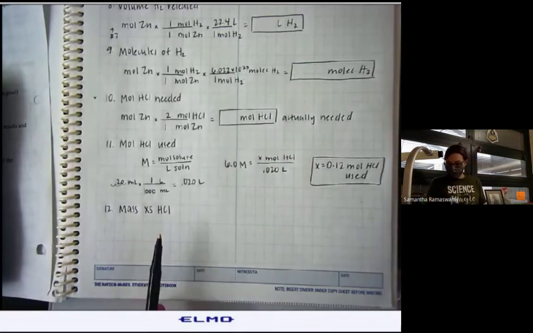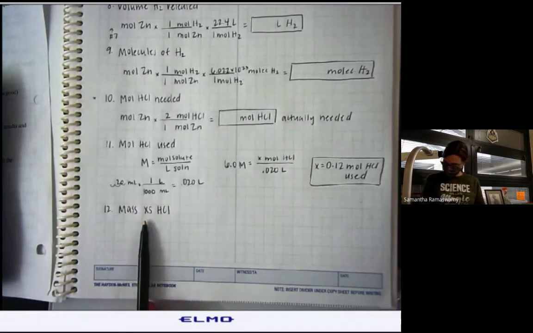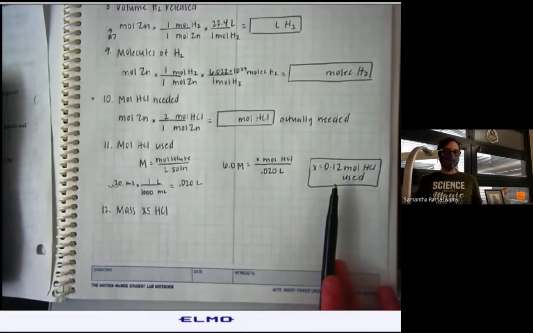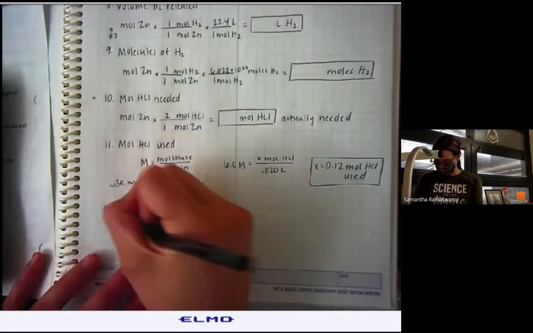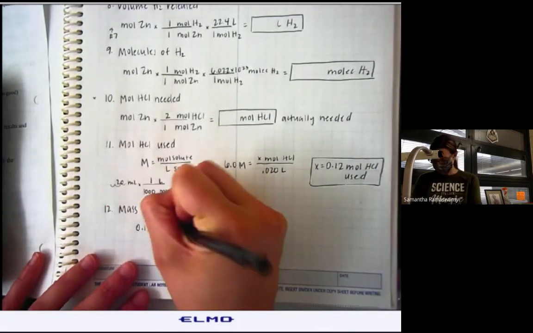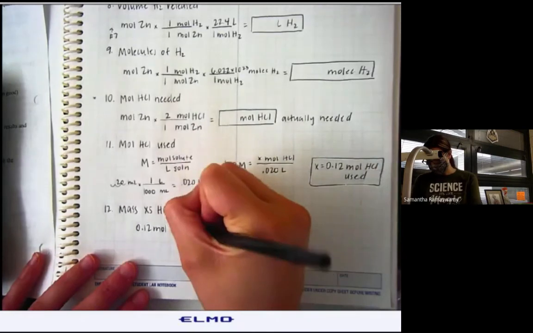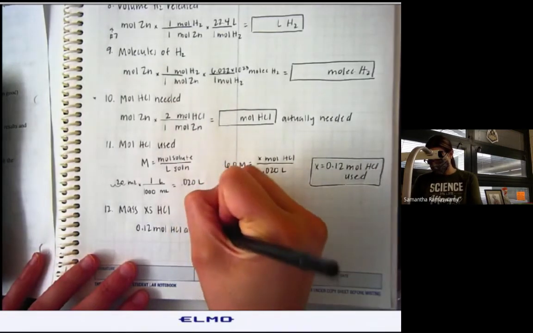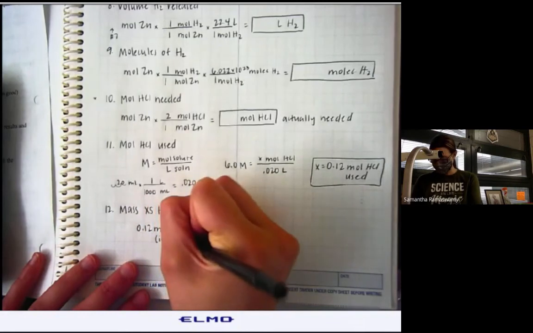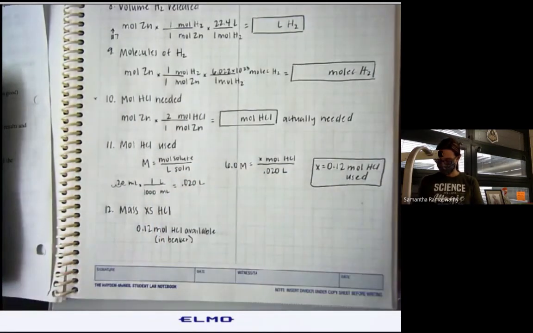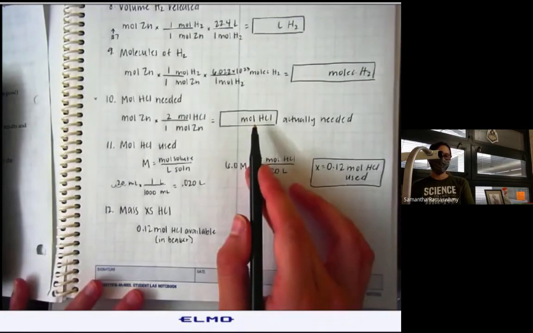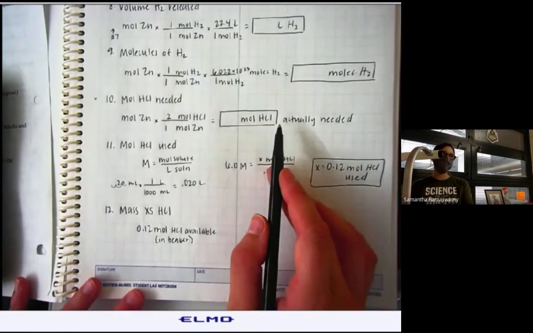So that's another abbreviation that you'll see me use. So again, here was how many moles of HCl we had available. So 0.12 moles of HCl available. This is what was in the beaker at the beginning. Number 10, we calculated how many moles of HCl we actually needed.